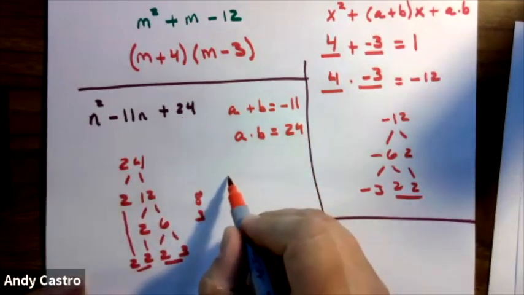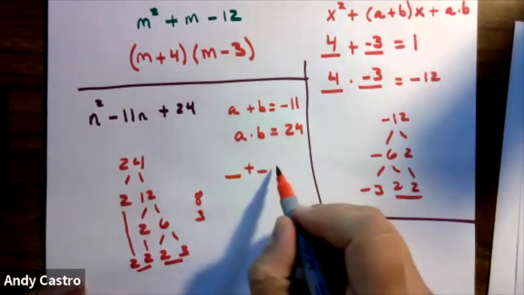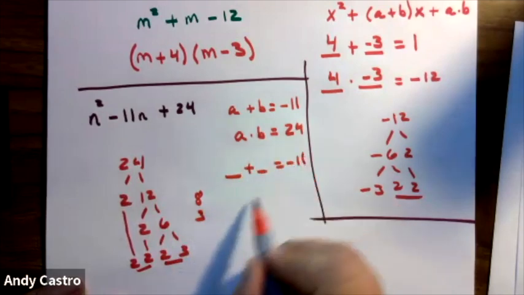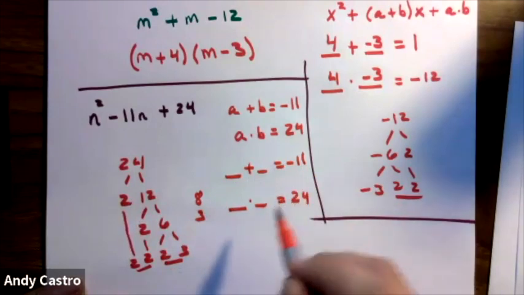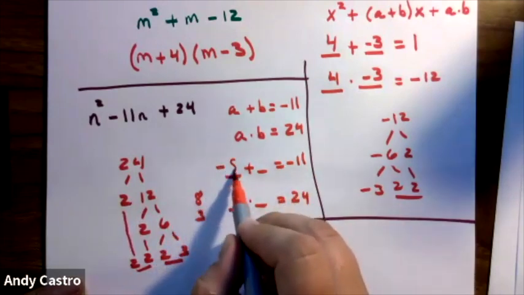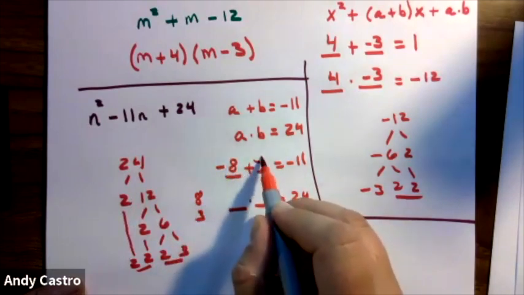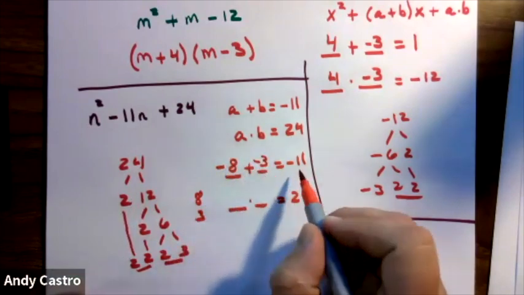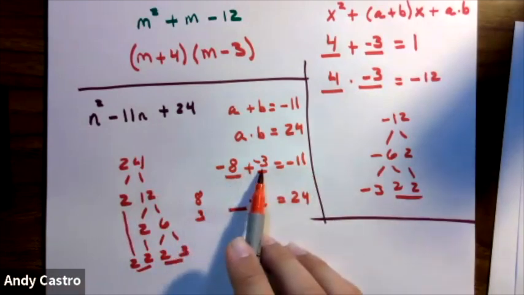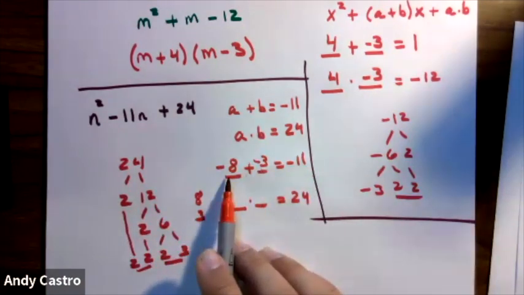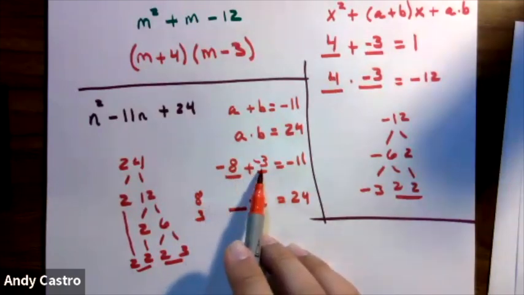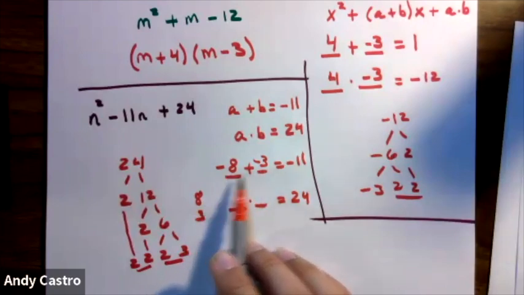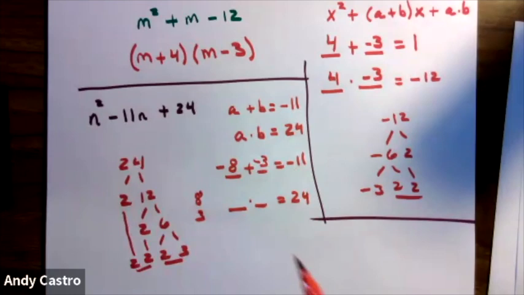So how do I add them to get negative 11, but multiply them to get positive 24? Oh, if I do negative 8 plus negative 3, that would give me negative 11. Because if I add positive 3 to negative 8, it's going to be negative 5. And if I add positive 8 to negative 3, that's positive 5. But if I add negative 3 and negative 8 together, that's going to go down to negative 11.